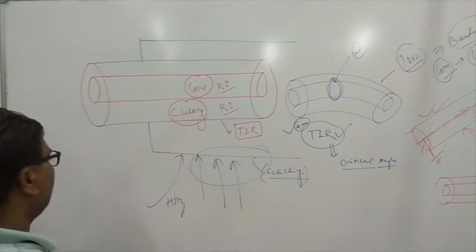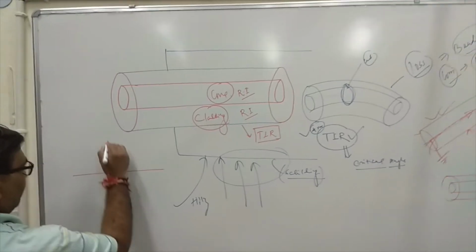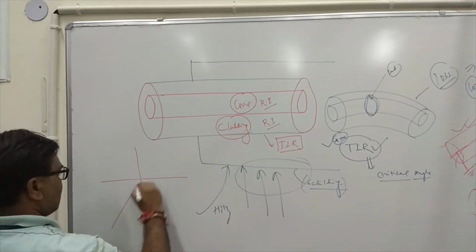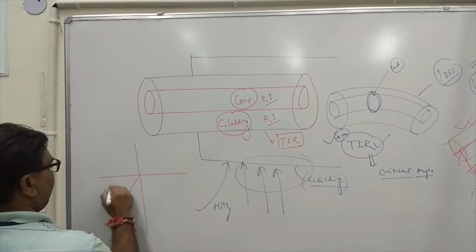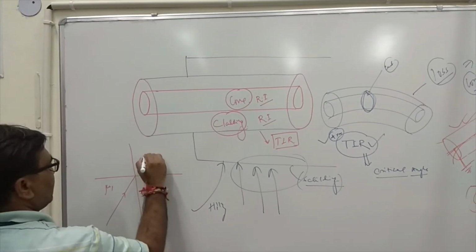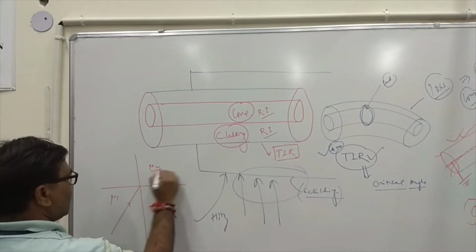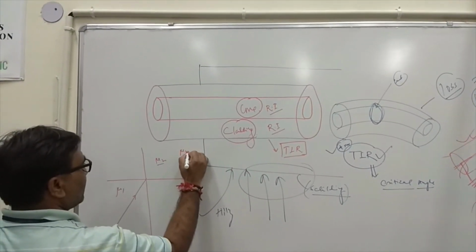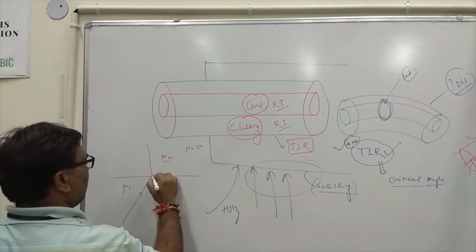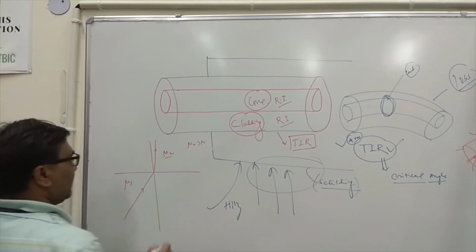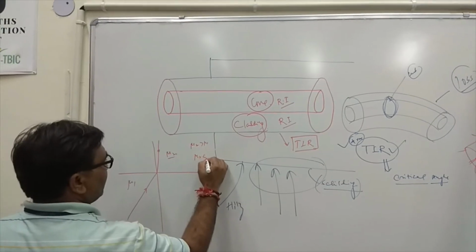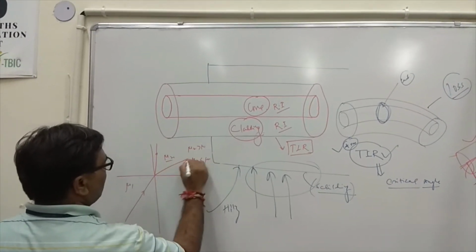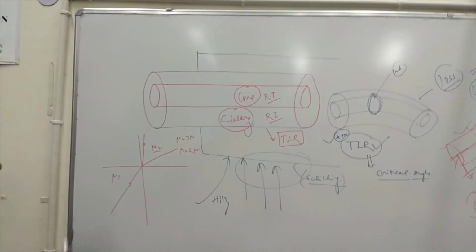You have known since 8th or 9th class that if this is refractive index mu1 and this is refractive index mu2, and if mu2 is greater than mu1, the ray moves towards the normal. But if mu2 is less than mu1, it moves away from the normal. This is the basic concept.